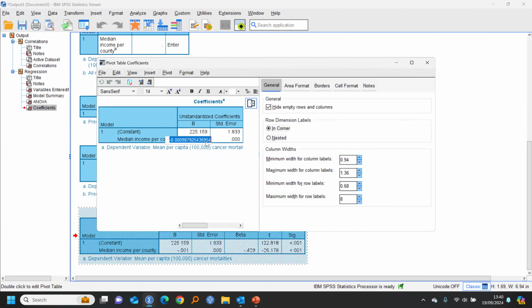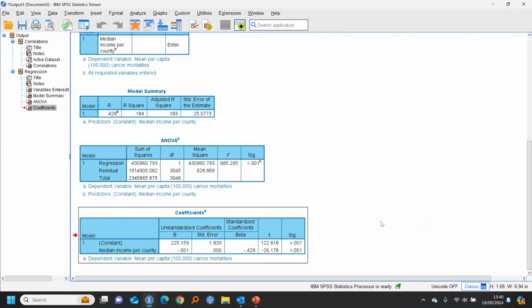If I double click on it, you can see it's actually rounding up. It's actually a tiny, tiny number here. So it's saying that a small increase in the median income per county has, in turn, a small decrease effect on the dependent variable, which is cancer mortality.